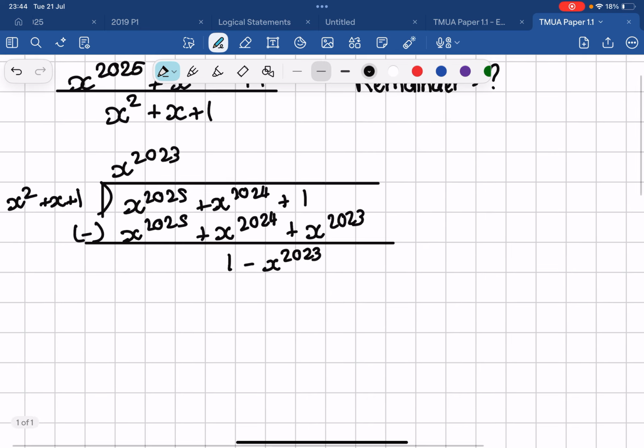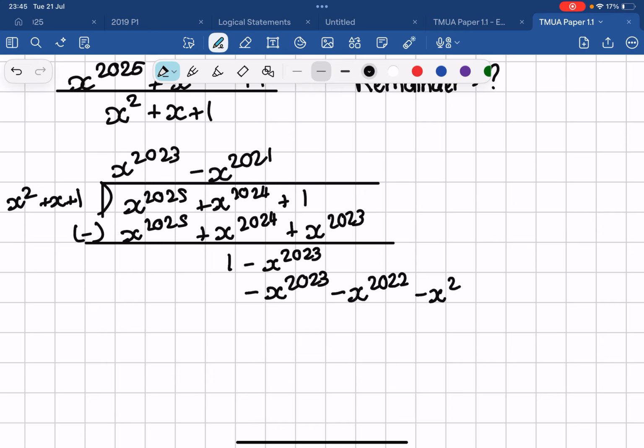Now we can again divide minus x to the 2023 by x squared. So we have minus x to the 2021. Times that out, we get minus x to the 2023 minus x to the 2022 minus x to the 2021, and we can just subtract.